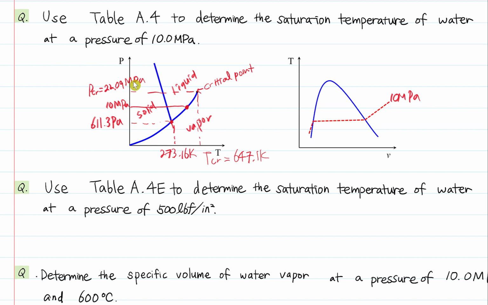So this is the constant pressure line on a TV diagram. The saturated vapor is here on the saturated vapor line. So here is the critical point, on the right hand side the saturated vapor line, left hand side the saturated liquid line.